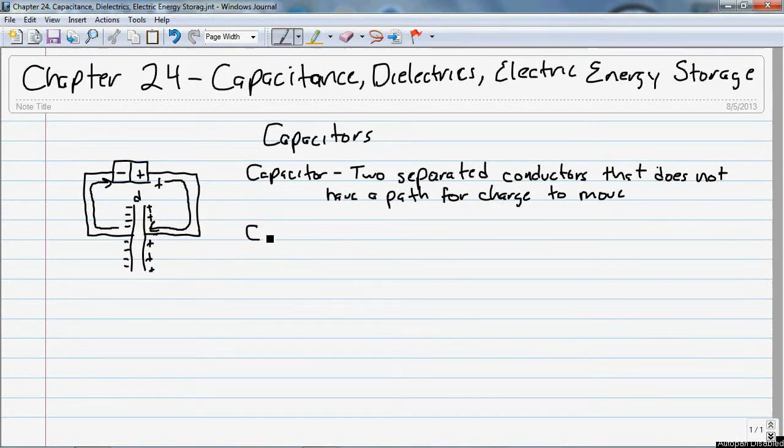And capacitance is just a measure of how well a device, or we should say a capacitor, can hold charge.